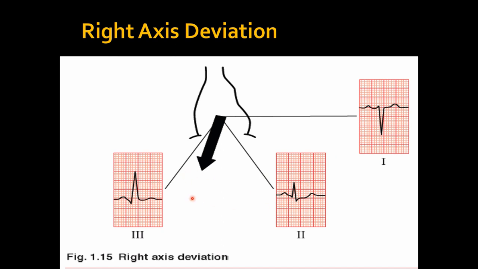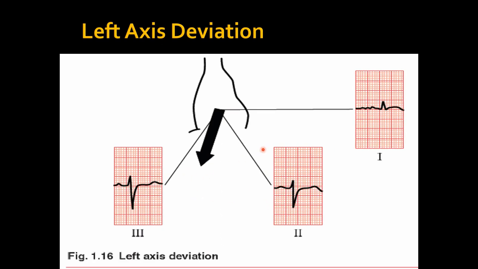So this is right axis deviation. And in left axis deviation, the QRS complex in lead 1 is upright, and in leads 2 and 3 it is predominantly downward. So this is how you measure the axis deviation on an ECG.